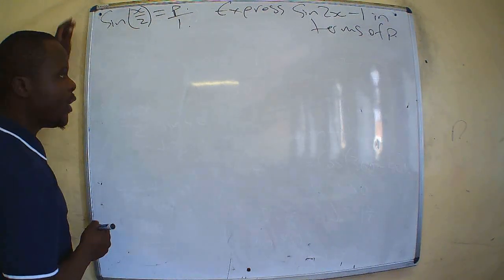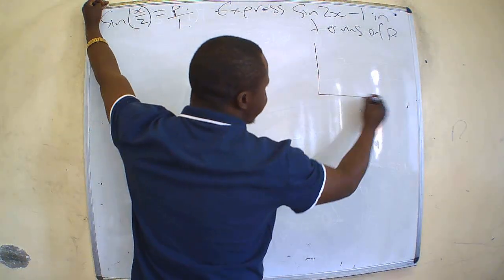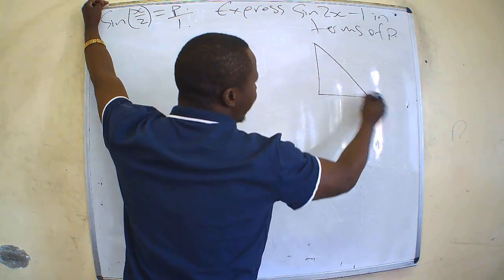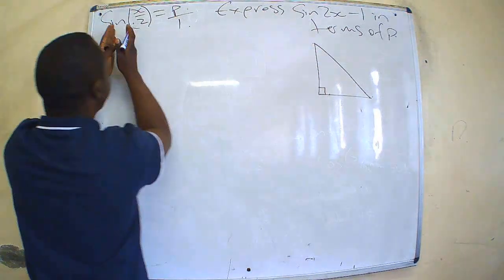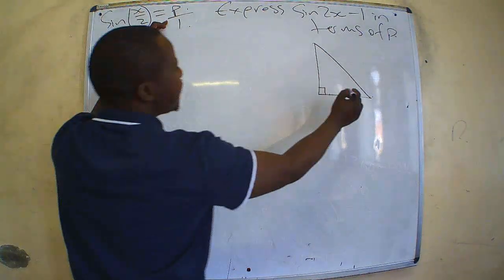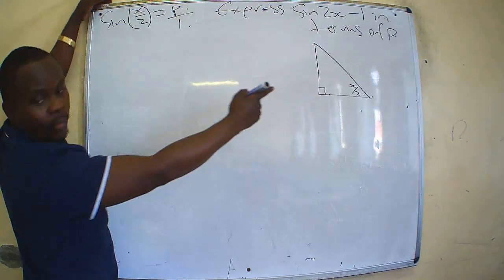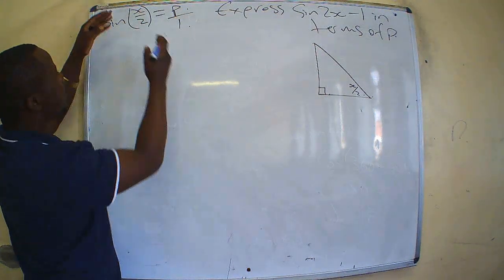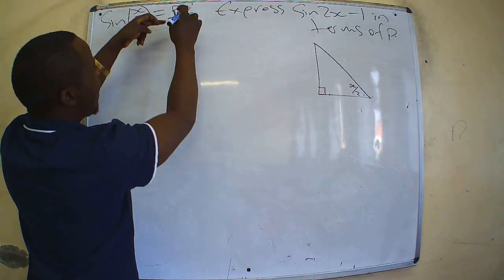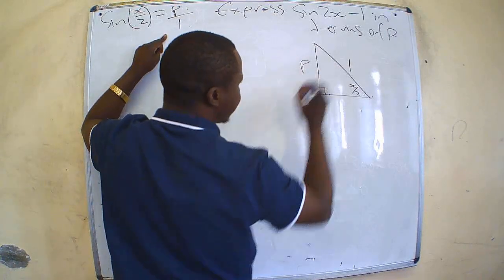If it becomes p over 1, then we should draw a right-angled triangle with a 90 degree angle and put that the sine of this angle is p over 1. The angle is x over 2, which means this side is the opposite and this is the hypotenuse. So the opposite is p, the hypotenuse is 1.